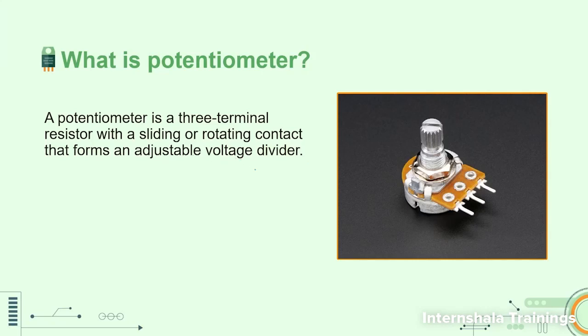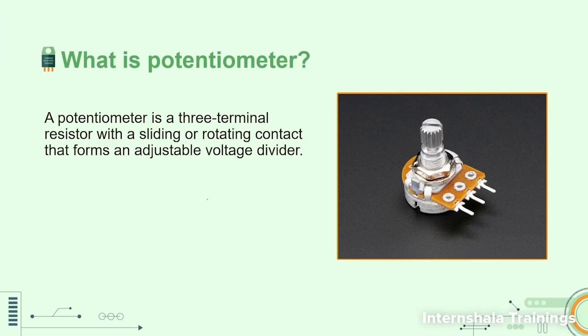There are actually 2 purposes of a potentiometer and we are going to discuss them in this video. The first purpose is that it is used as a variable resistor, and the second is that it is used as an adjustable voltage divider. In the previous video, we discussed that a resistor has a fixed resistance, for example 1 kilo ohm, 2 kilo ohms, 10 kilo ohms.